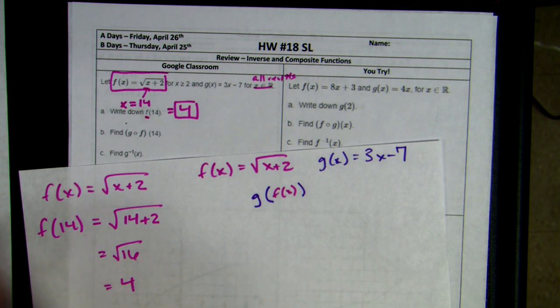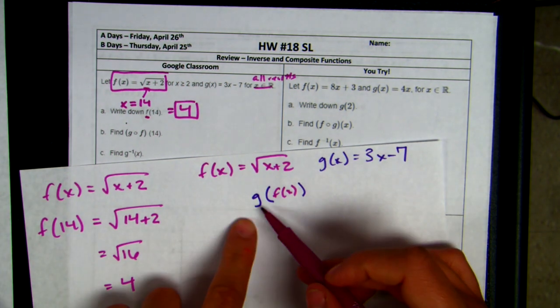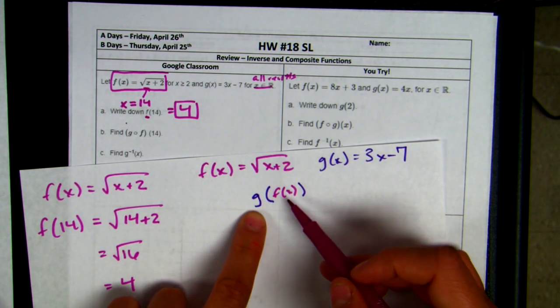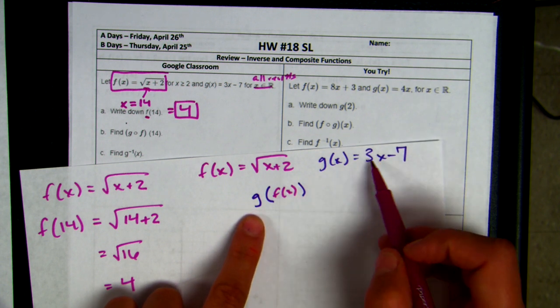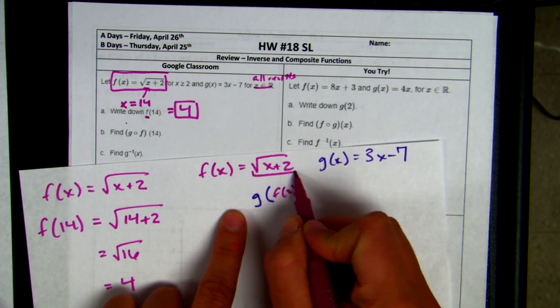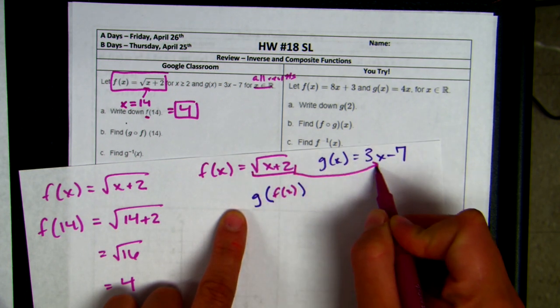So g is my outside function, f is my inside function. Wherever I see x in g, I'm going to take my f function and plug it in.